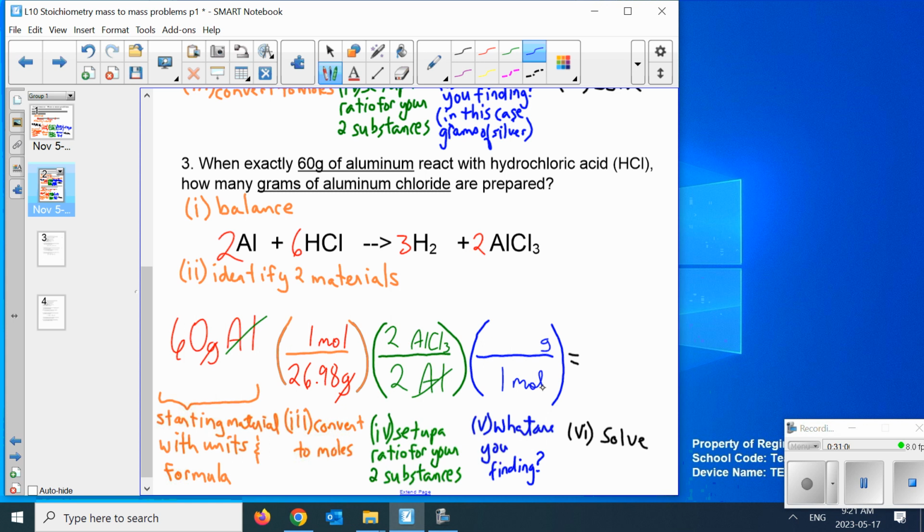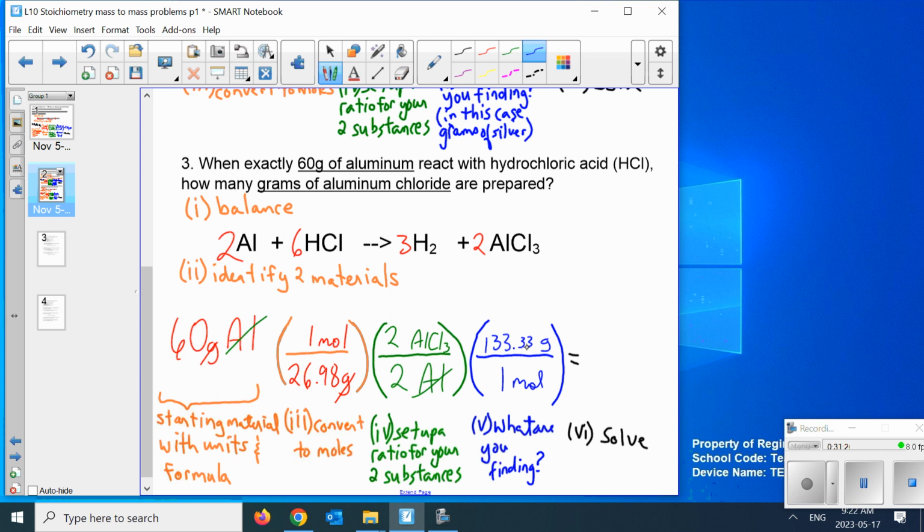Al, like I said, 26.98 plus 3 groups of 35.4 gives 133.3. I'm going to solve.